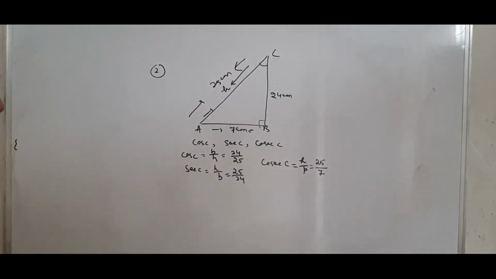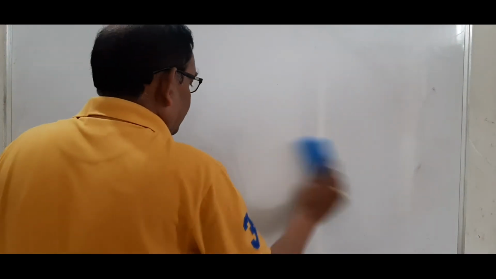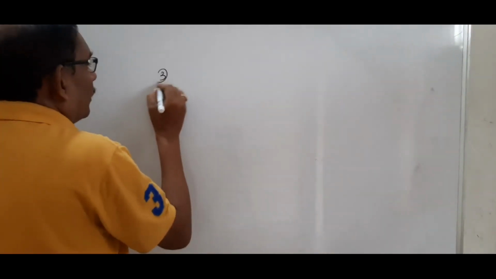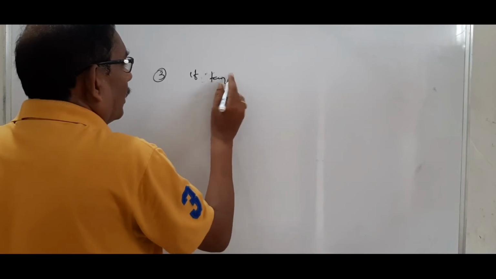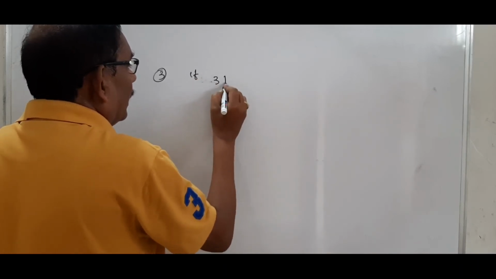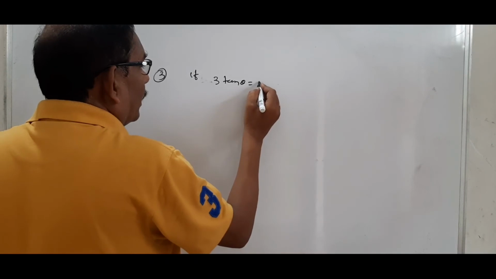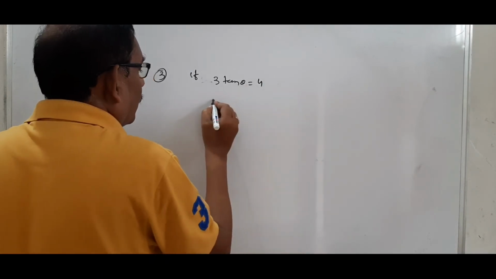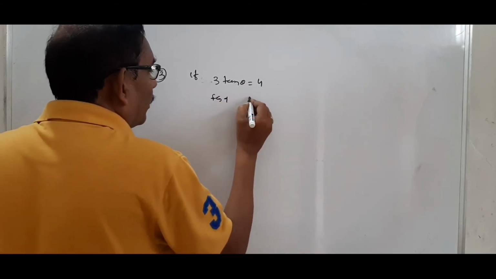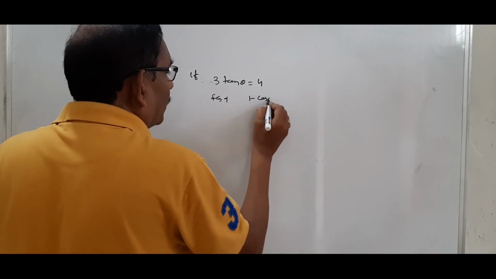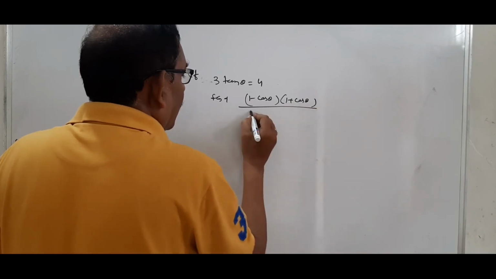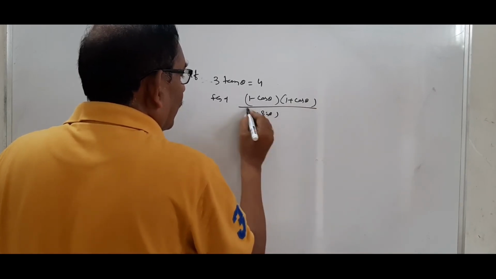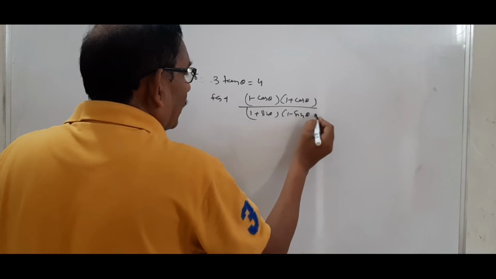Take another example, number 3. If 3 tan theta is equal to 4, find 1 minus cos theta, 1 plus cos theta, 1 plus sin theta, 1 minus sin theta.